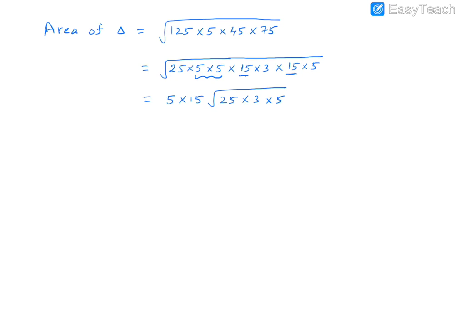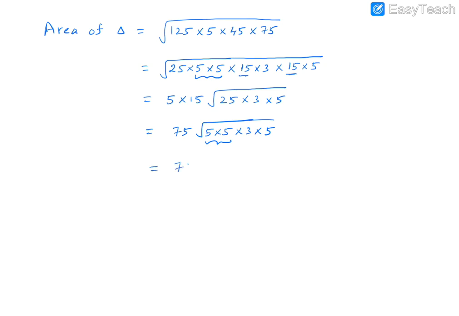Okay, so we have this now as 15 into 5 is 75, and inside the square root we again have 25 here, so that 25 can be written as 5 into 5 again into 3 into 5. So there are again 2 5s here which can be taken out outside the square root.